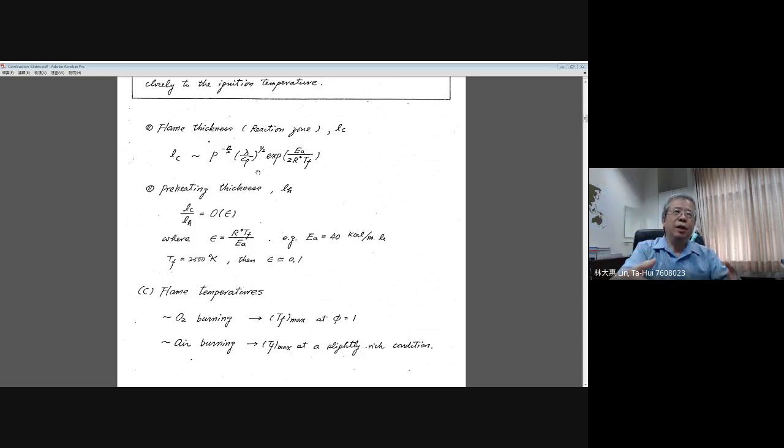When you see the gradient, you figure out that diffusion transfer becomes very important for the premixed flame. The mass will diffuse into your flame, and the flame will diffuse thermal energy to the upstream side. Those diffusion transfers for the mass and for the thermal energy need to be compared. Usually, we find they are almost equal, and we call this the so-called Lewis number, which is approximately equal to 1.